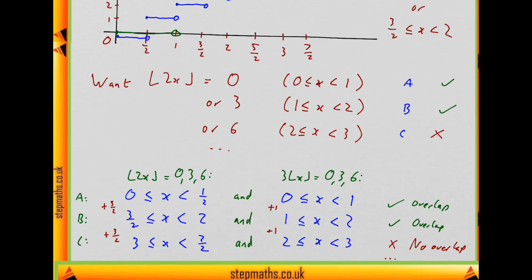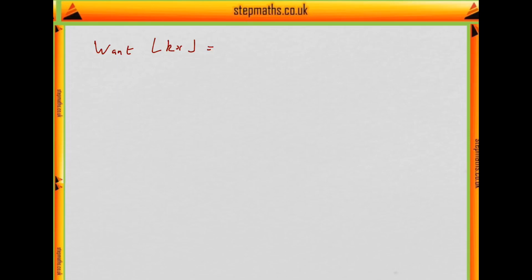So now let's try to apply that to the case where we've got k instead of just 2. Okay, so now instead of having box 2x, I've got box kx, and instead of wanting this to be equal to a multiple of 3, it's got to be equal to a multiple of k plus 1, because it's equal to k plus 1 times box x, which is a whole number. So what are the multiples we could have?